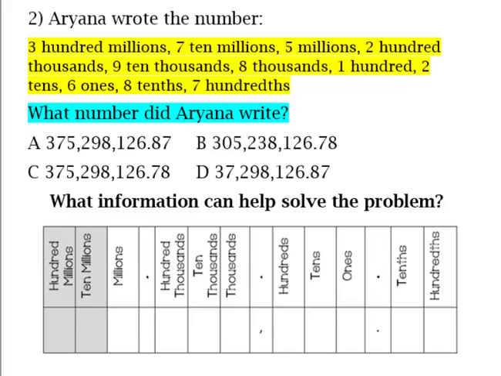We have 300 millions, 7 10 millions, 5 millions, 200 thousands, 9 10 thousands, 8 thousands, 100, 2 tens, 6 ones, 8 tenths, and also 7 hundredths. This is the information we need in order to solve the problem.